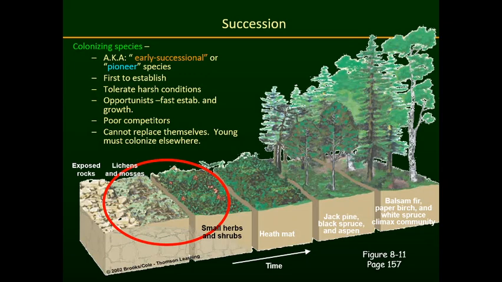So let me illustrate how this works. I wish I had an example from the southeast, but I don't. This is a cartoon illustrating ecological succession following the retreat of a glacier. So glaciers are rivers of ice at high elevations in the mountains or up near the poles where things are continually cold, or at least have been for many millennia.